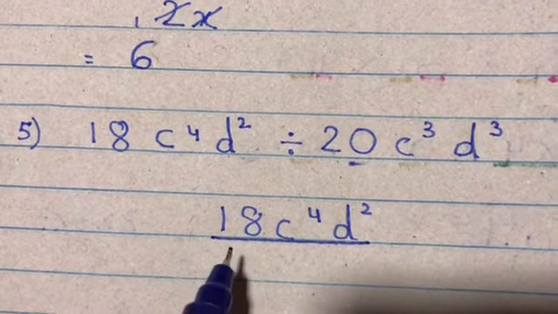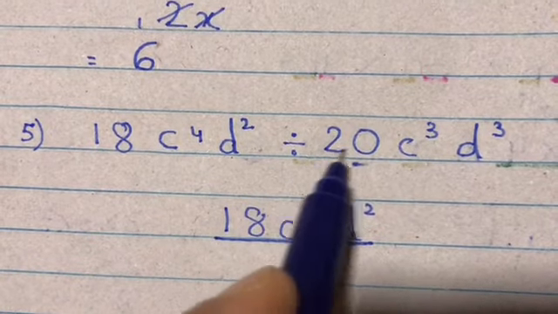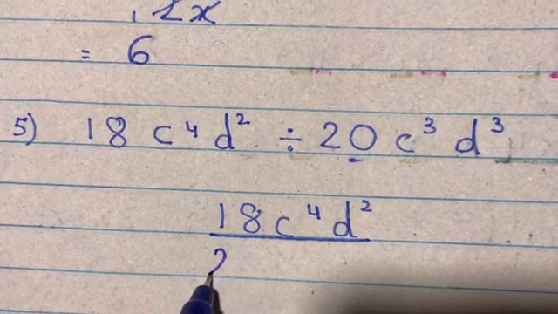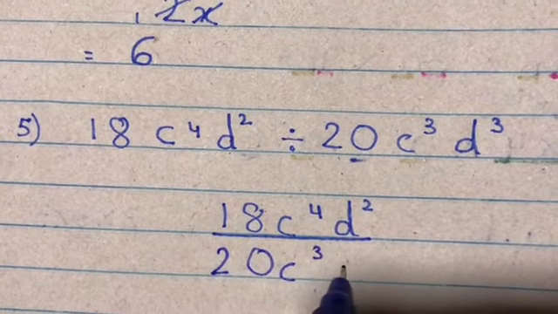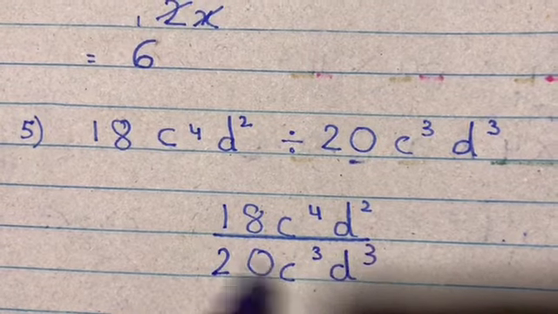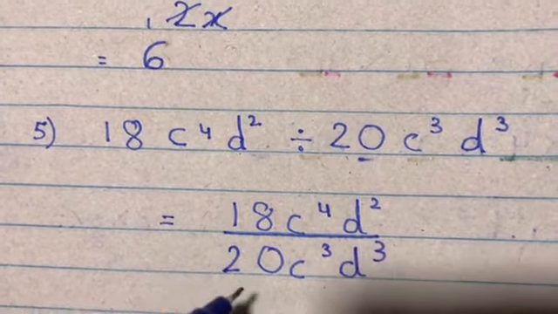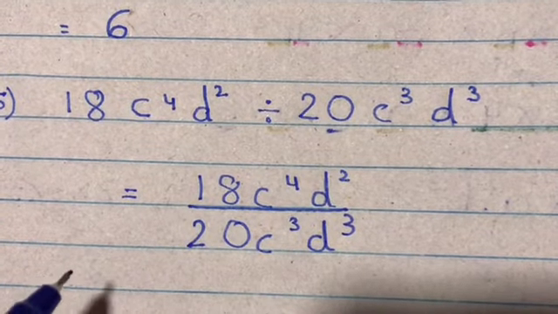It's like the first dot is for the first number, the second dot is for the second number. Just a way to remember this. So C3, D3. Okay, now again here we have the numbers on one side, so we don't have to do anything, and the letters on one side.